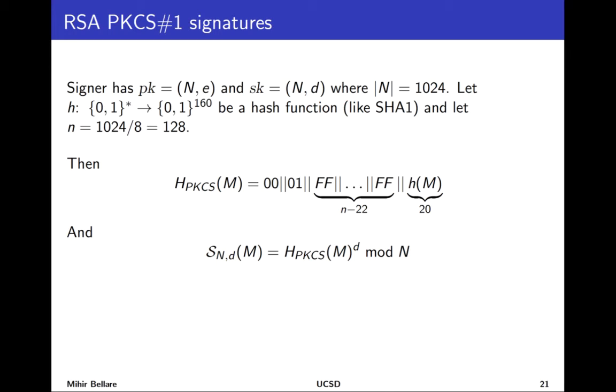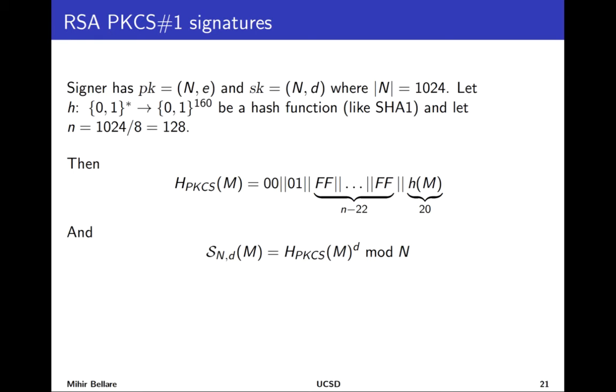To see a little bit about what other conditions might be involved, we can look at how RSA-based signing has been done in practice. PKCS is a very well-known standard for RSA signatures. Modern standards mostly just use that. And what we see here is an older version of the standard.